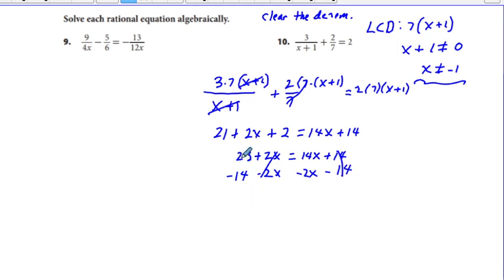We have 23 minus 14, which is 9. And then on the right side we have 14x minus 2x, which is 12x. And now we divide by 12.